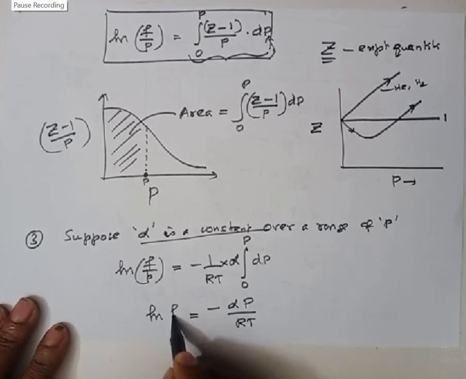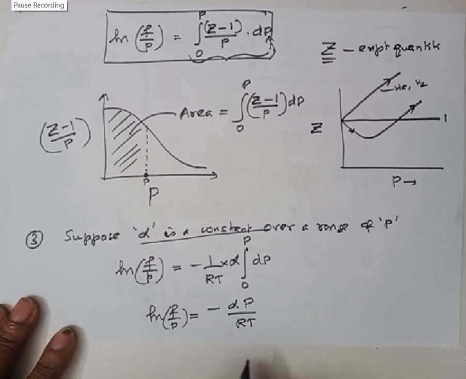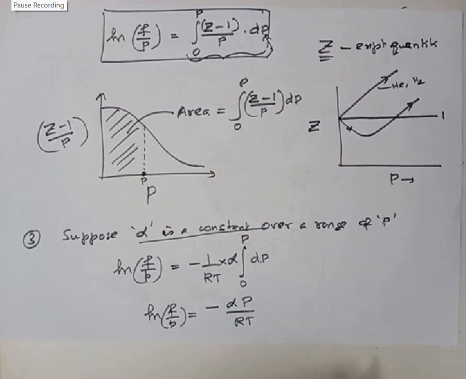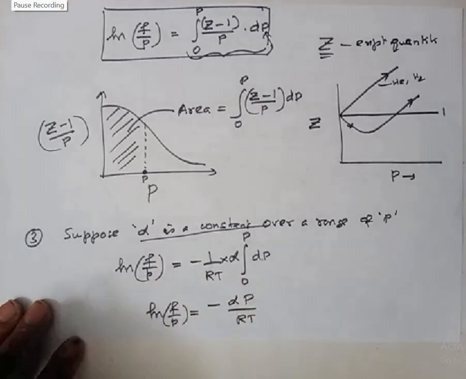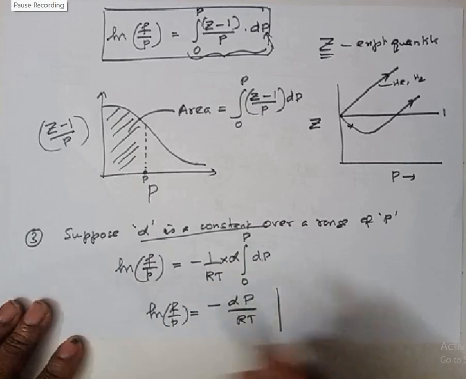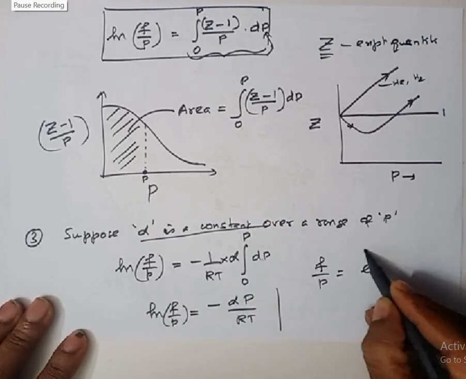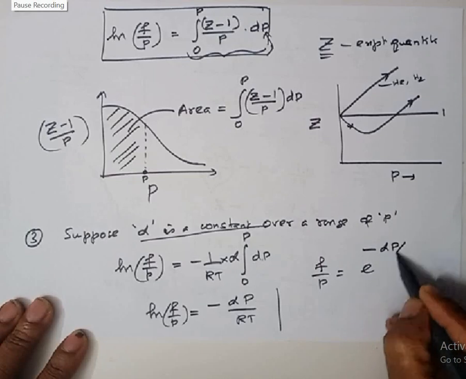This is ln F by P, or I can write fugacity F is equal to, if you remove the log, F by P equal to e power minus alpha into P by RT.